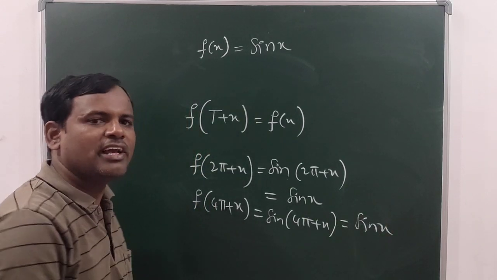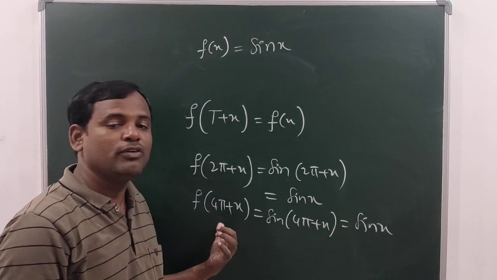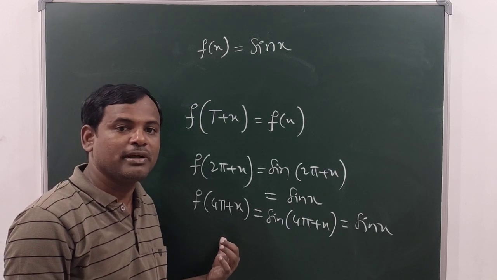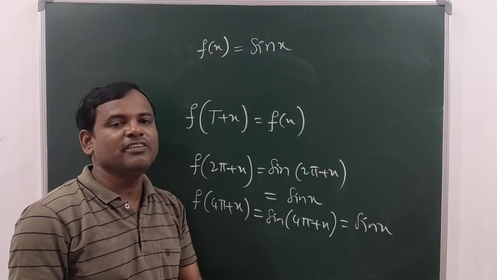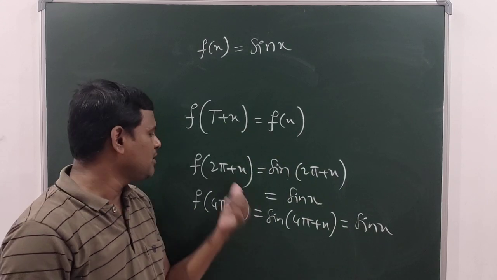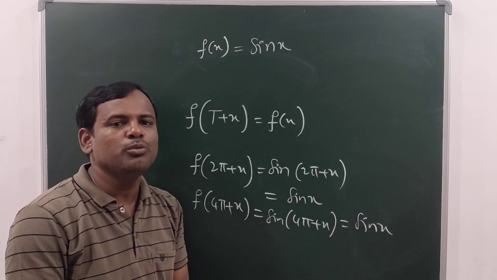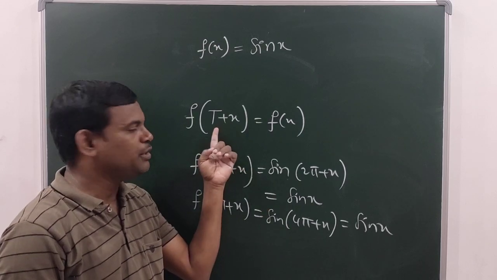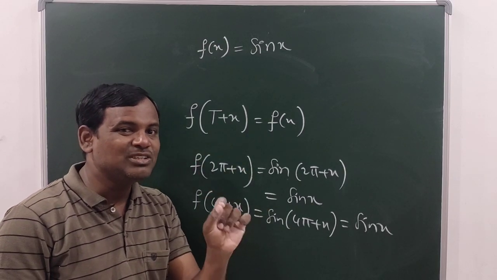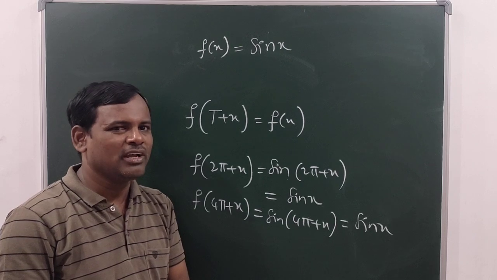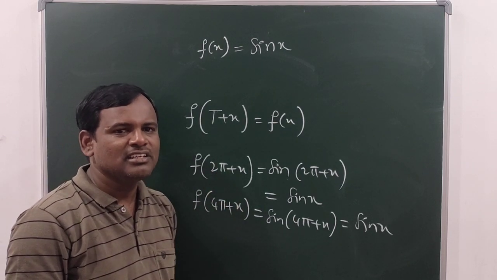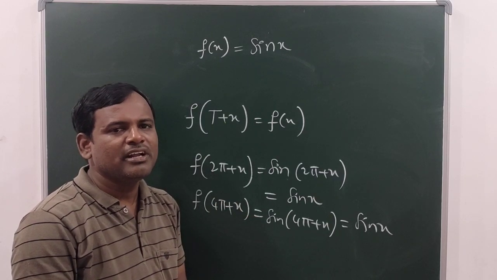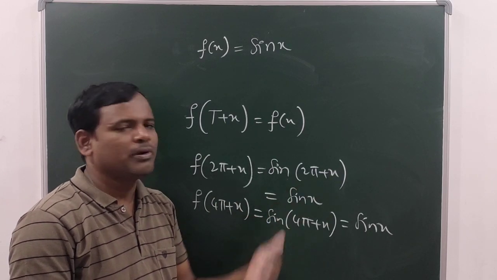Like 6 pi, if you assign t equal to 4 pi, 6 pi, 8 pi, at many more places, the same function is going to be repeated. But among all of these, the smallest one is 2 pi. As I said to you, t should be the least positive real. So among all these, 2 pi is the least positive real. Hence, we say the period of this function is 2 pi.